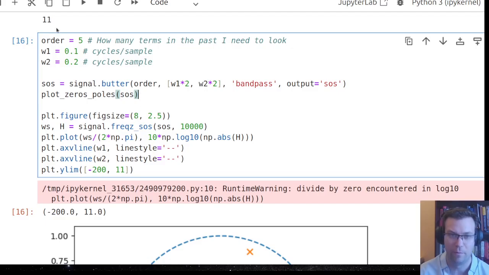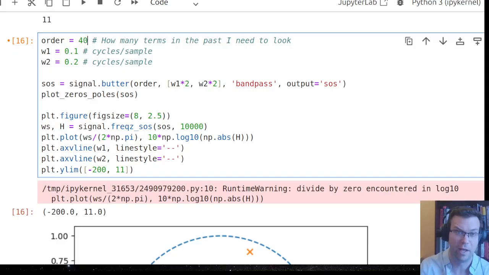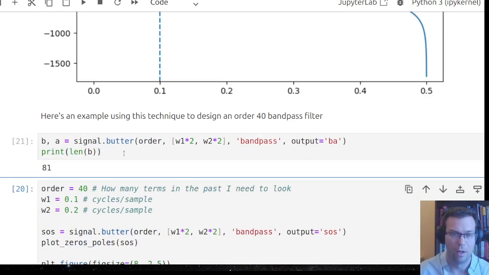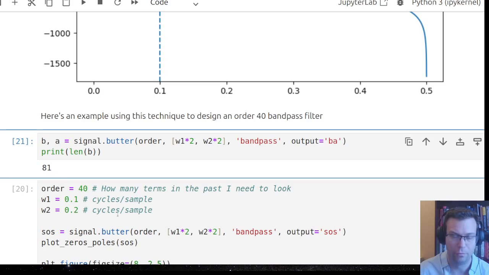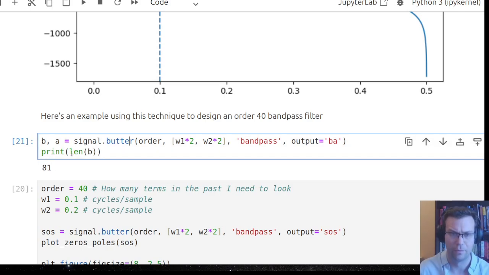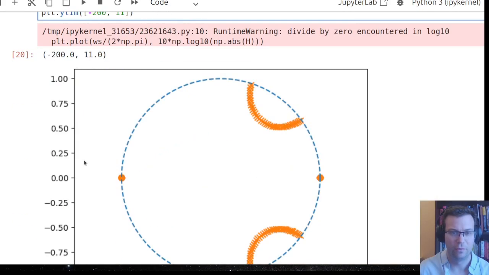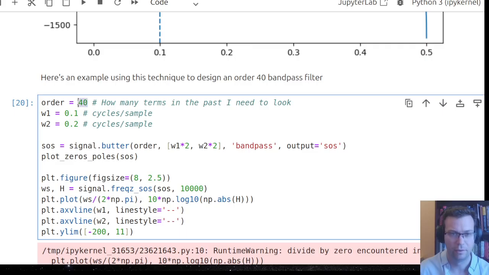So if I'm specifying order 5, I'm going to have 10 delays. If I'm specifying order 40, I'm going to have 80 delays. Let me just check that. So this should have 81 total, including the original lag. So the biggest lag is 80 there. Okay, great. That's awesome. It's cool to see math work out.